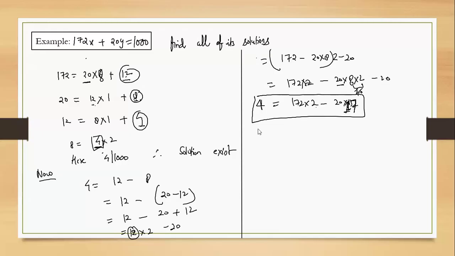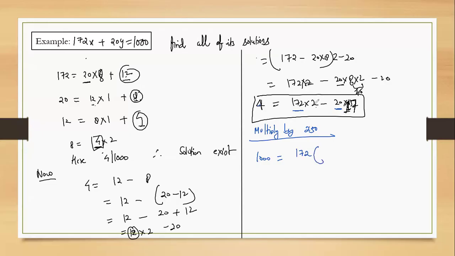One thing you will note here is that 172 is present as well as 20. This equation is looking similar to our equation, but 1000 is not present. So for making this 1000, we will multiply by 250. Then this will be converted into 1000, and 172 we will not change.